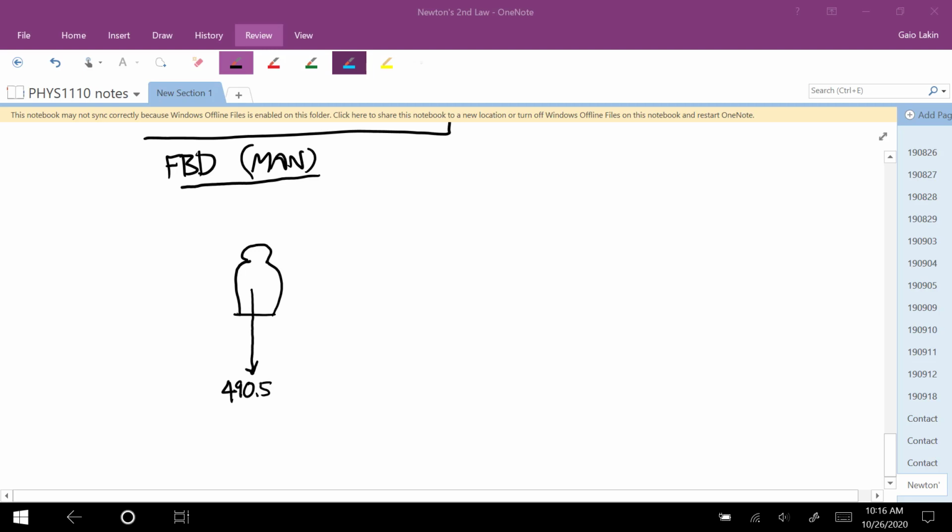And now that we've dealt with the weight force, we go around the boundary looking for where the surroundings make contact with the boundary. The only place that happens is at the ground, and it's a pushing force. So it's an upward force applied by the scale, and I'll use the variable n to represent that.